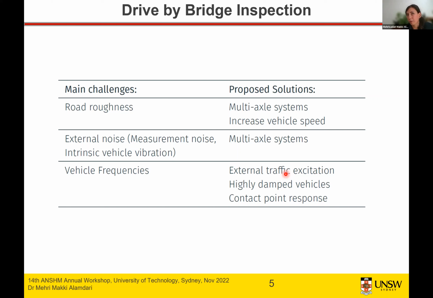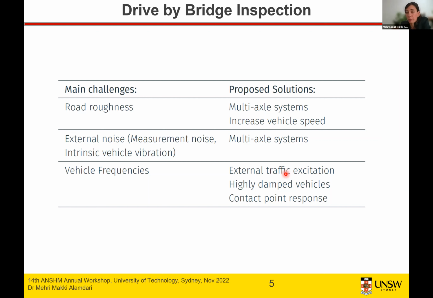And finally, the characteristics of the vehicle have a big impact on the performance of the drive-by bridge inspection. In addition to that, the effect of passing traffic and damping of the vehicle all significantly affect the VBI response that we are getting through the vehicle.